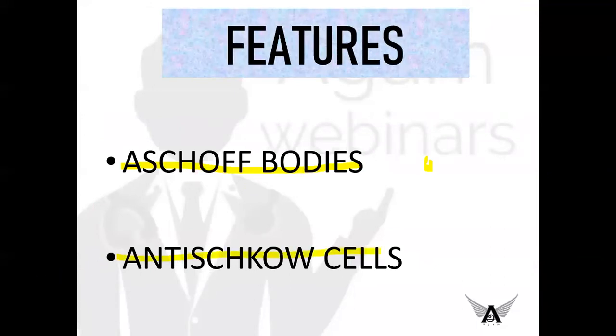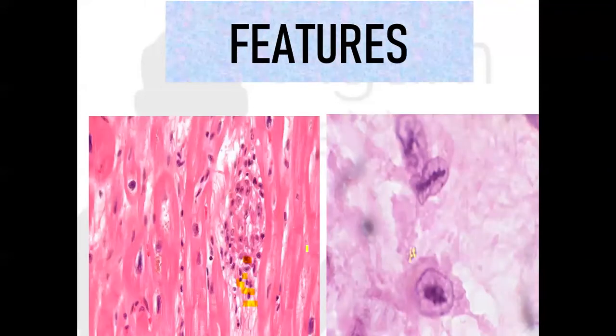Please understand, you will find Aschoff bodies containing lymphocytes, some plasma cells, and also a plump of activated macrophages, which is called an Anitschkow cell.